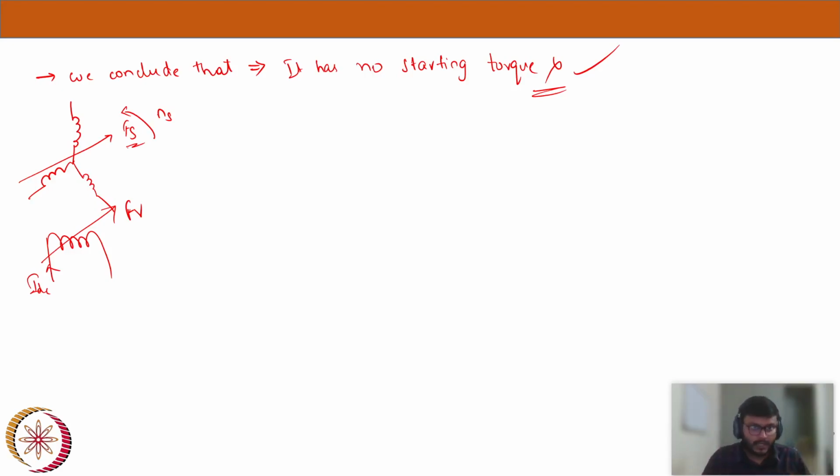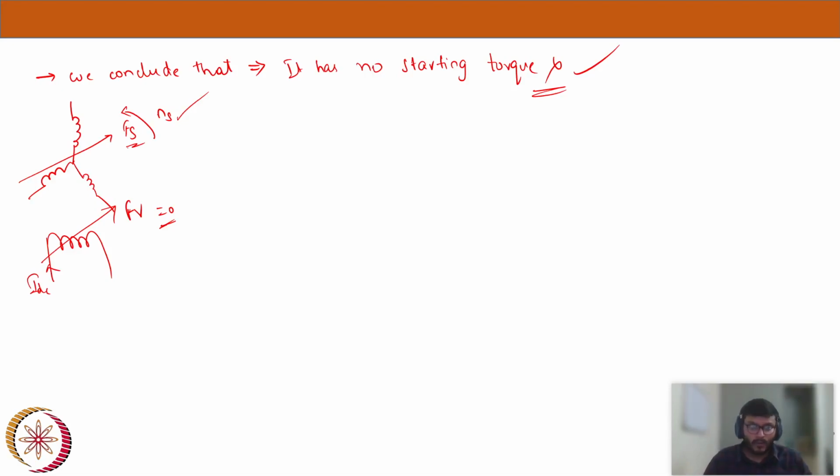Now what should we do? A very simple technique anyone can suggest is, okay, you have told some condition, both fields should rotate at the same speed NS. Here the speed is currently equal to 0, and here it is NS. What someone can do is, by some mechanism, rotate my rotor physically from the outside, as if rotating it with my hand, so that the speed will go up to NS.